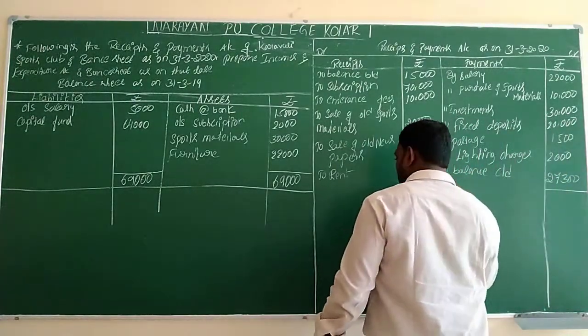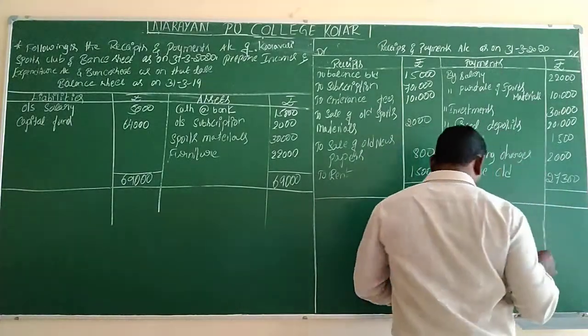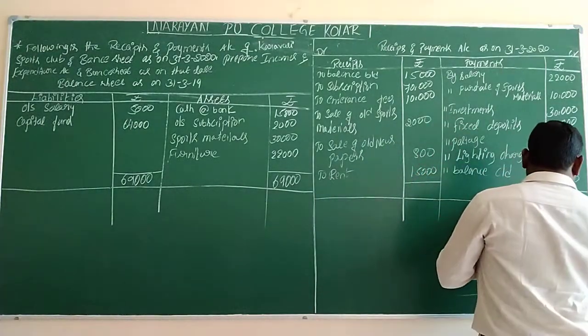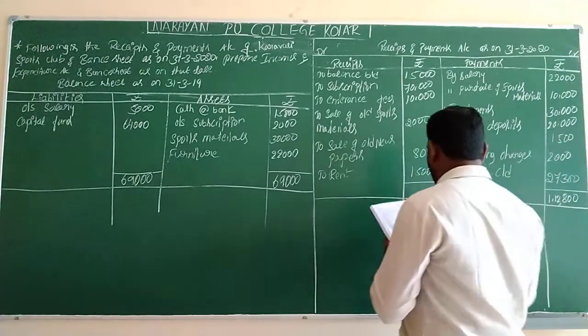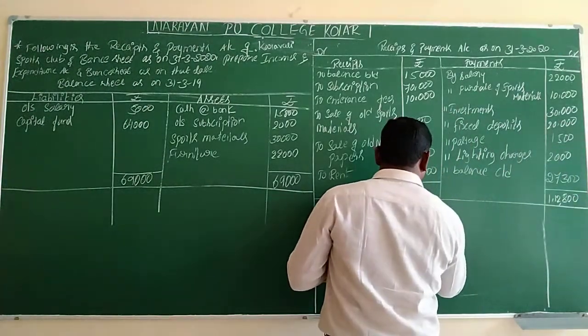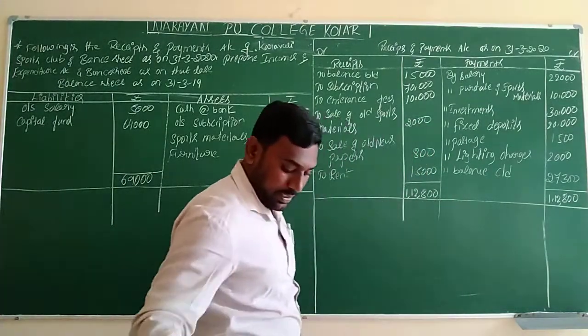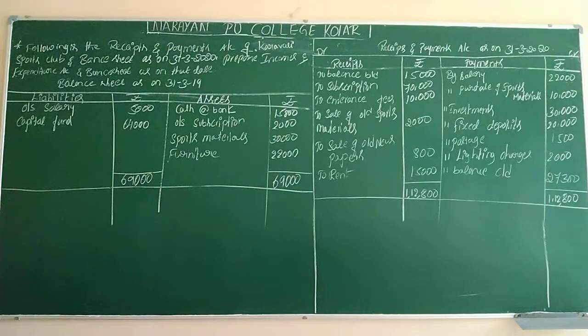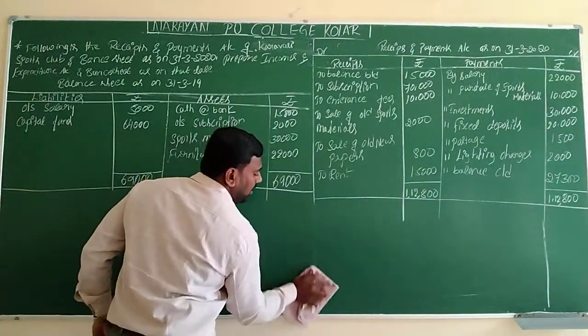So the total of the receipts and payments account is 1,12,800.